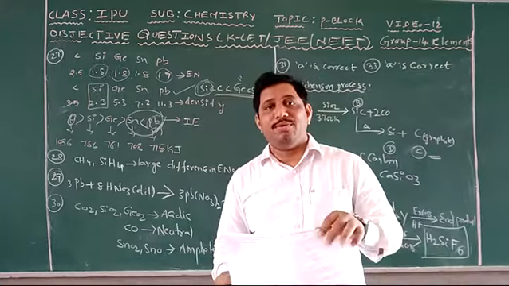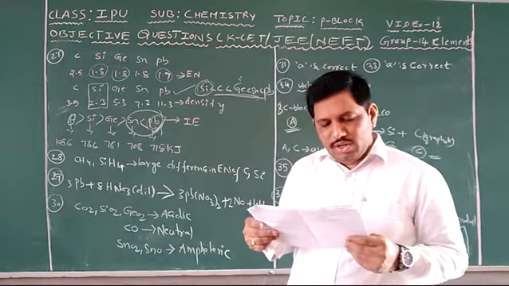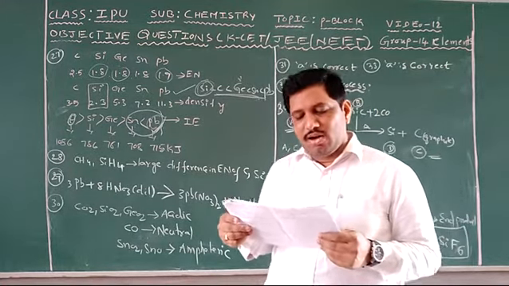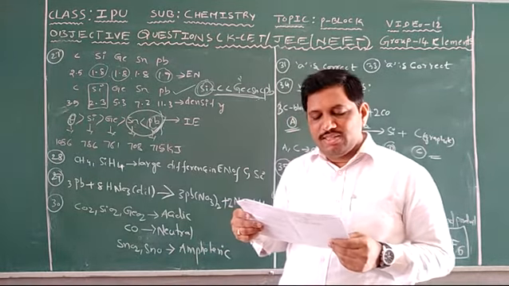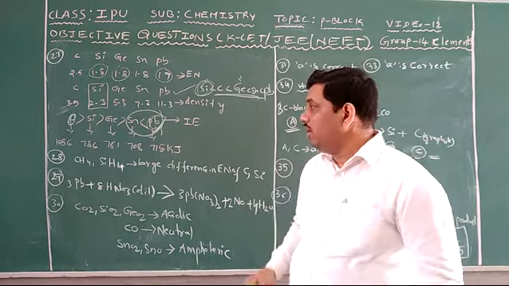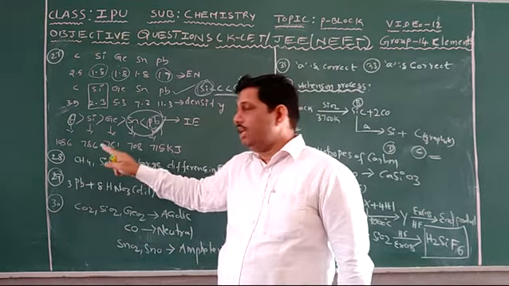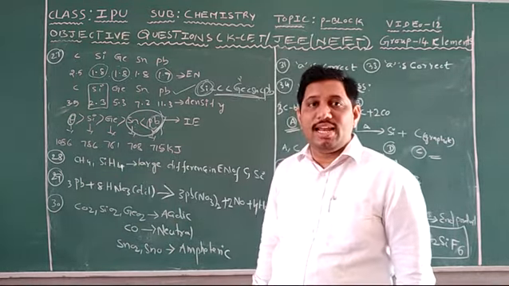Next one, question number 28. The difference in the properties of CH4 and SiH4 is due to the large difference in the electronegativity of carbon and silicon, student. Here CH4 is known as methane, SiH4 is known as silane.